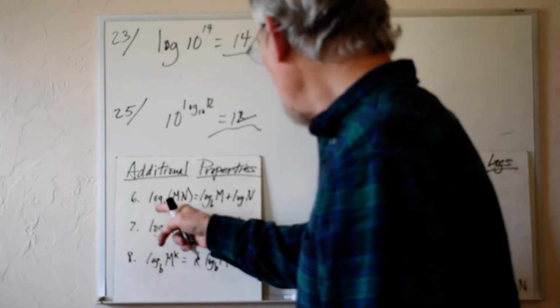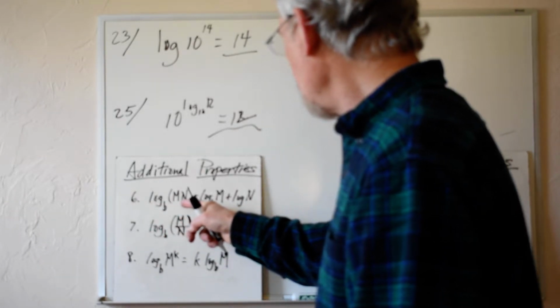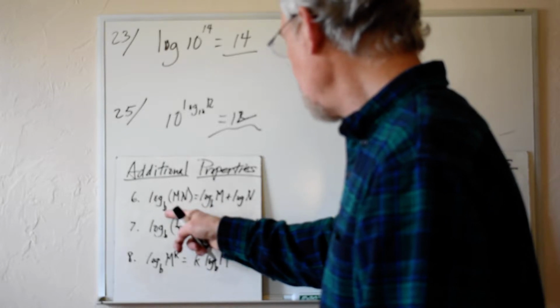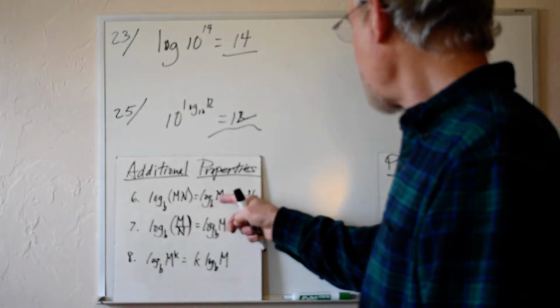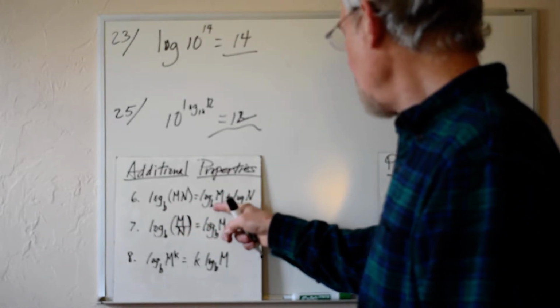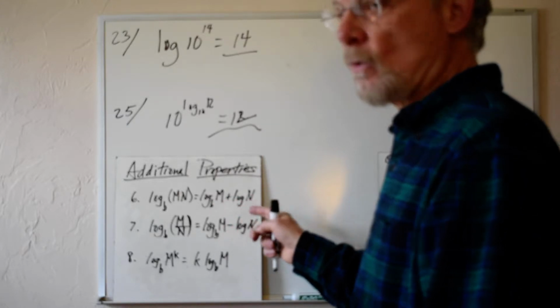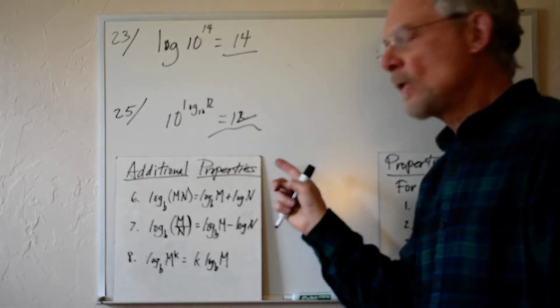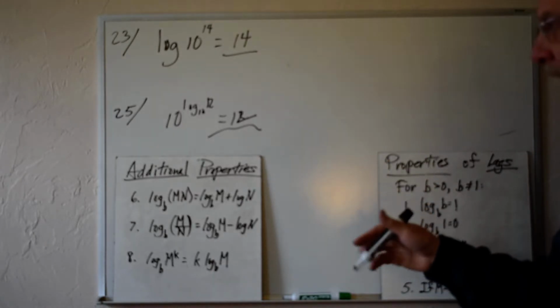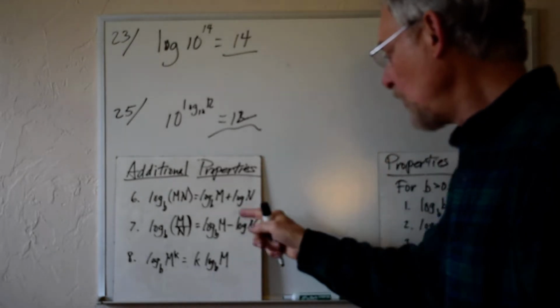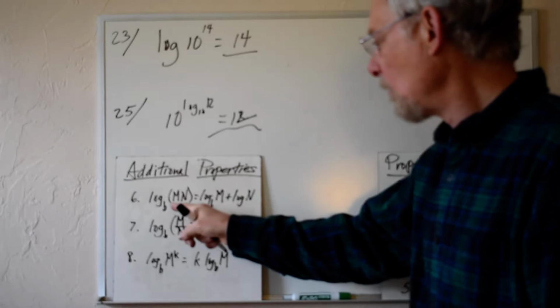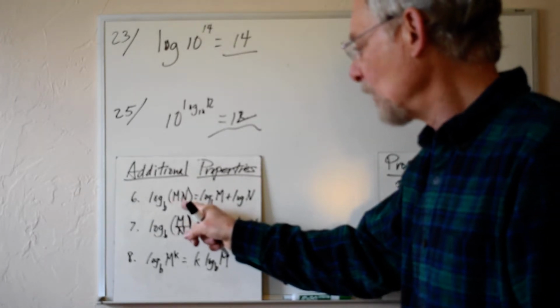The log of 2 quantities multiplied together to the base b is equal to the log of the first quantity base b plus the log of the second quantity base b. And again, that is why Napier invented logs, because it's much easier to add up these 2 numbers than to multiply these 2 big numbers here.